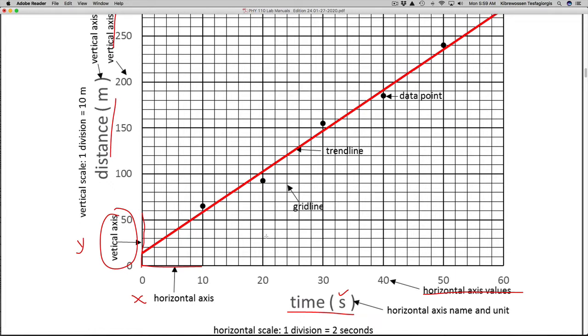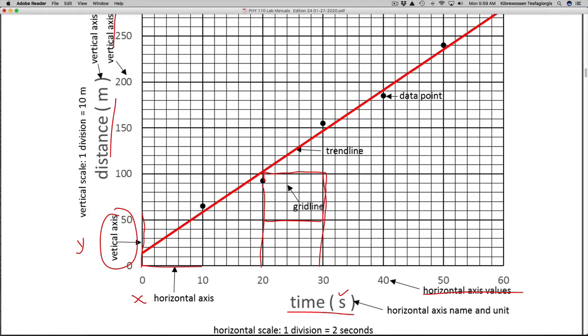Then in addition to that, graphs have grid lines, right? Sometimes we call them major grid lines, the dark squares that you see. For instance, this is one huge grid square that I represented.